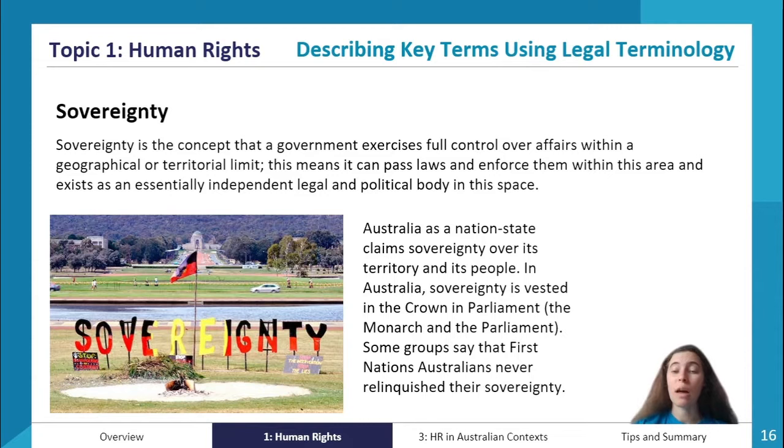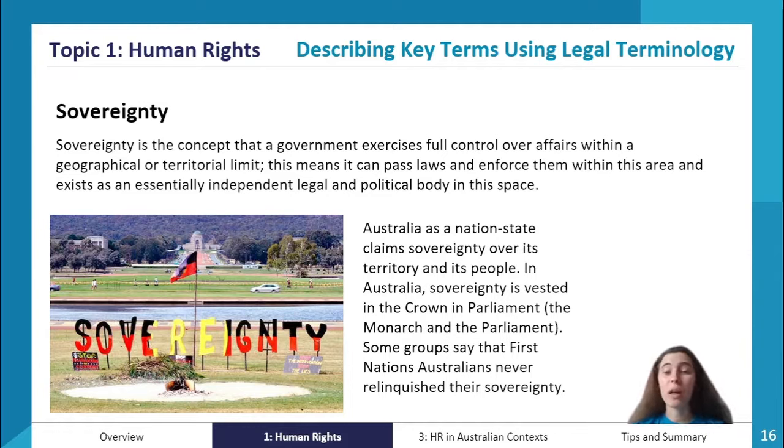Because Australia was invaded by Captain Cook and people from overseas, they have said before, and some people continue to say, that they haven't relinquished their sovereignty because it was never something they agreed to. This was originally their land, and they will always be our First Nations people.